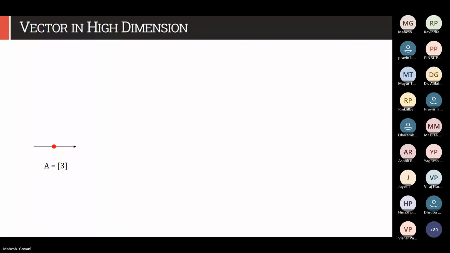Okay, assume that we have one vector A is equal to 3. When I represent this vector in a one dimensional system, then that vector will become a single point in that coordinate system. If I have a vector of 2 dimensions, 3 and 1, and I represent this vector in a 2-dimensional system, it will become a single point.